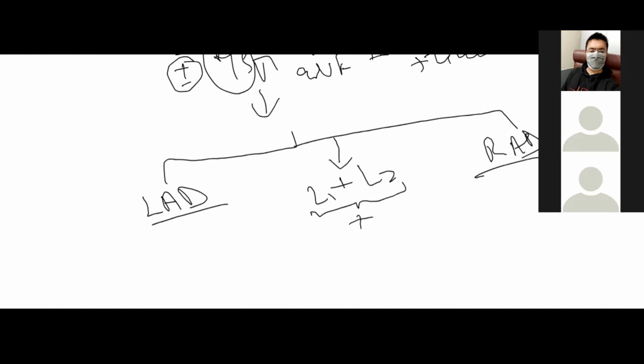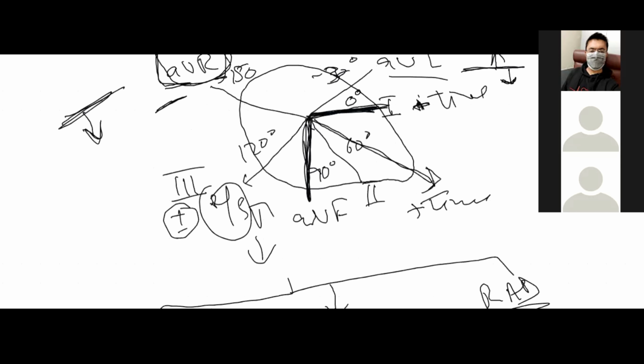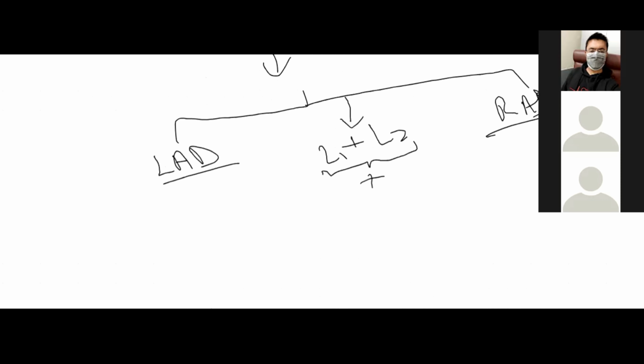This is lead 1, this is positive. This is lead 2, again positive, because there are no negative degrees in this area. So normally lead 1 and lead 2 will be positive.